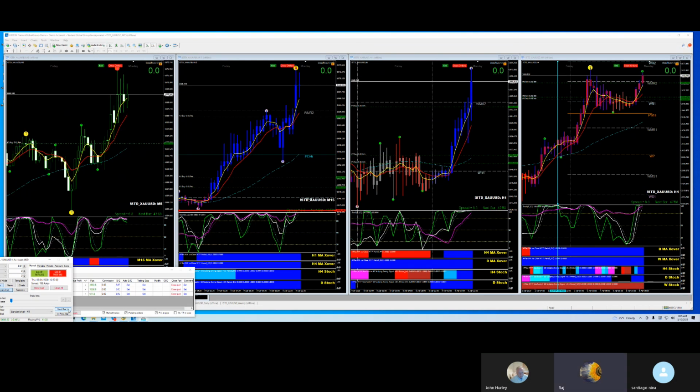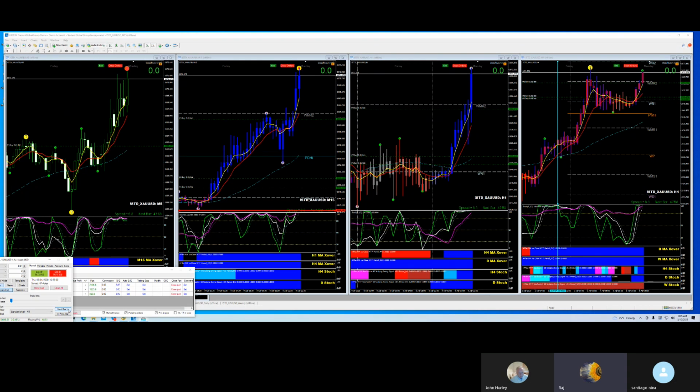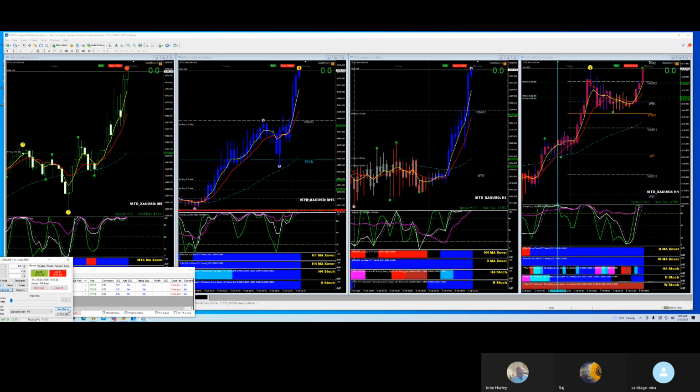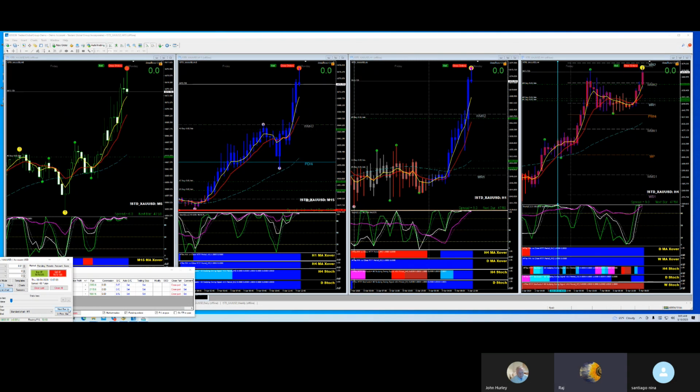If it fails to break that high in the next bar, I would take my profits and run. That's what I was going to say, but it broke the high. Remember at the beginning, we said everything is strong, daily and 4-hour, and we have a change in direction on the 4-hour trend.